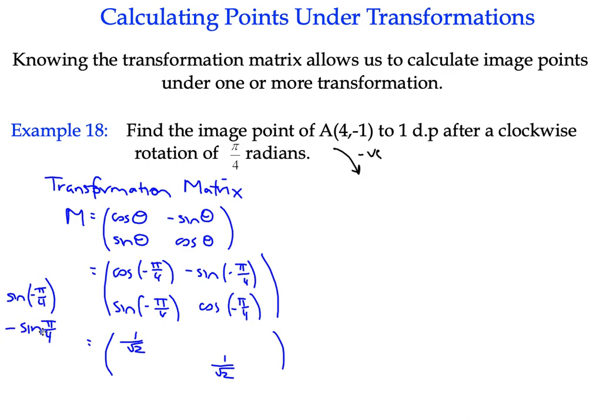Okay, so pi over 4 is 1 over √2 again, but this time, because it's a negative, I'm getting negative 1 over √2. And the other one is going to be the negative of that, so it's going to be positive 1 over √2. So that's our transformation matrix there. We're going to have to use an approximation, so you could work that out just now.